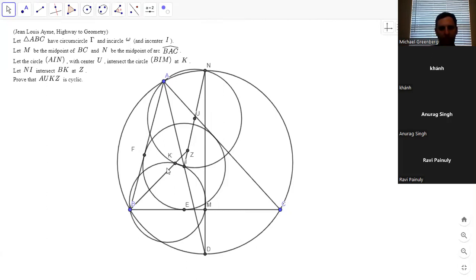Okay, so basically we want to show AUKZ is cyclic. And I forgot what I was doing. Actually, dang, now I totally forgot what I was doing.